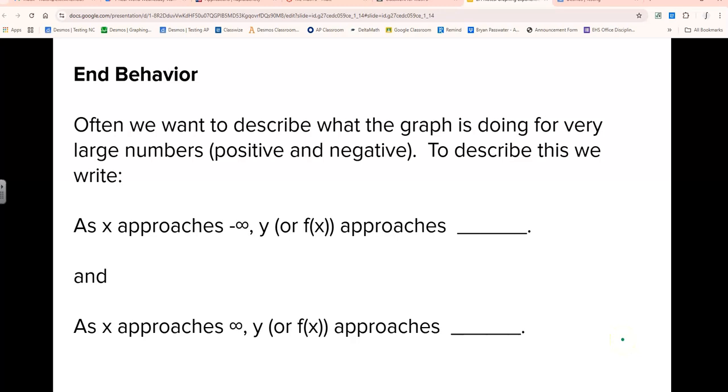So this is what we're going to look at. When we see as x approaches negative infinity, this is telling you to look at the left side of the graph.